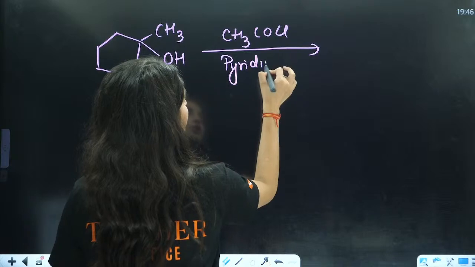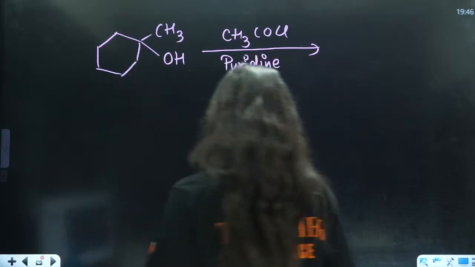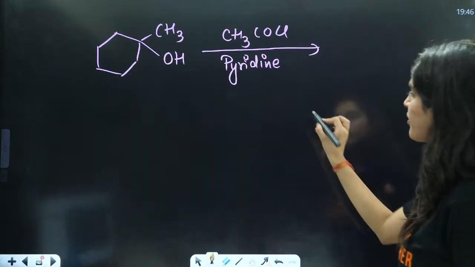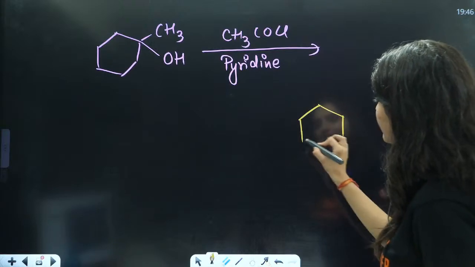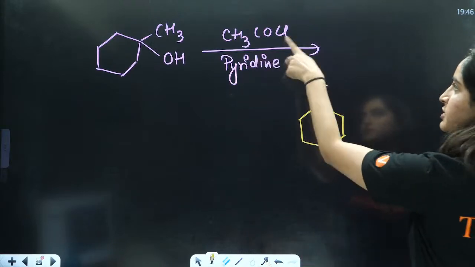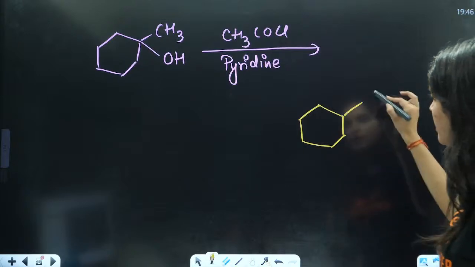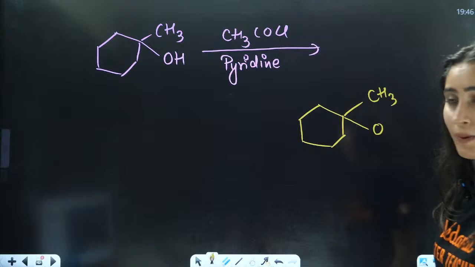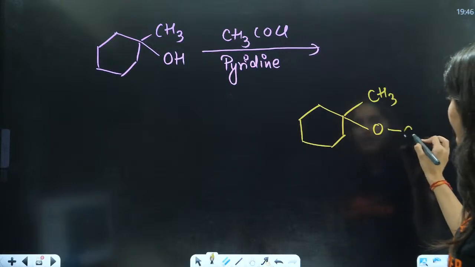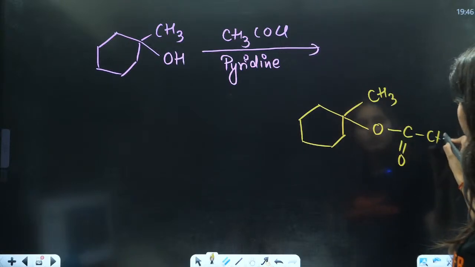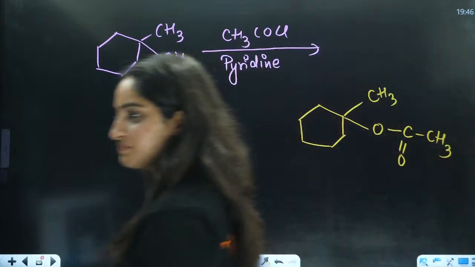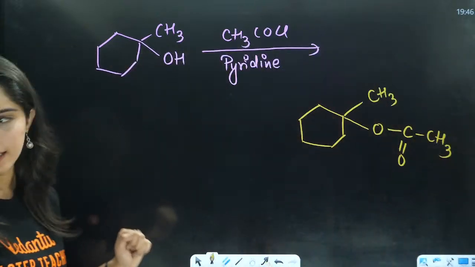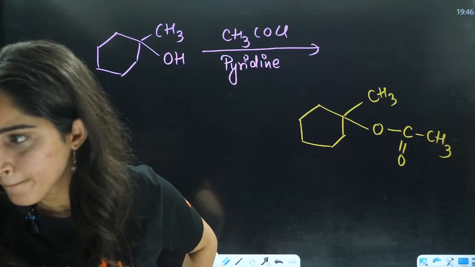This reaction, I told you, is basically an acetylation reaction. Whenever you have CH3COCl in the presence of pyridine, the H of this OH group, the alcoholic group, will be replaced by COCH3. This is the answer. Okay, yes.